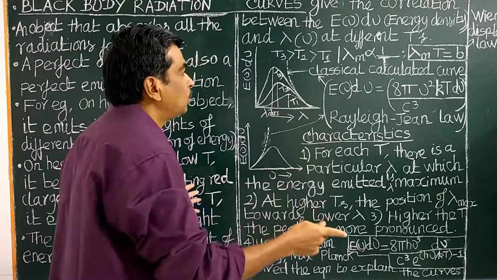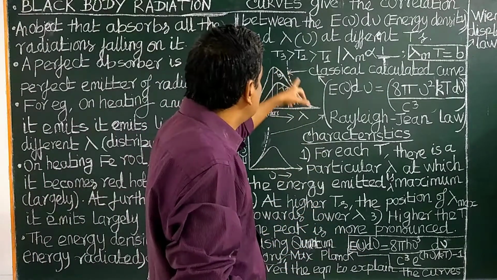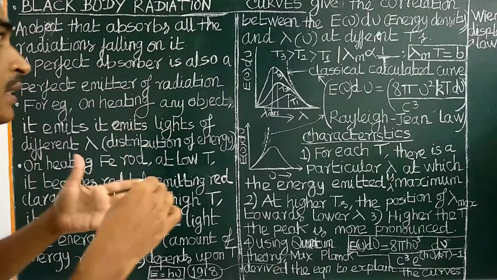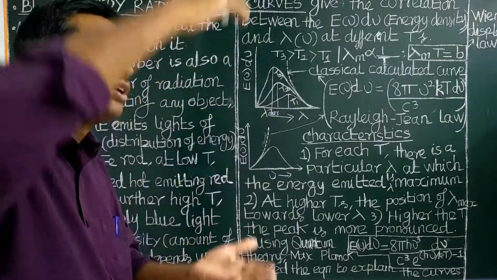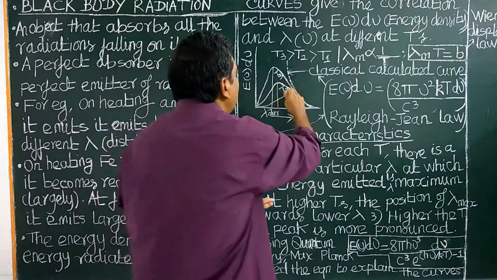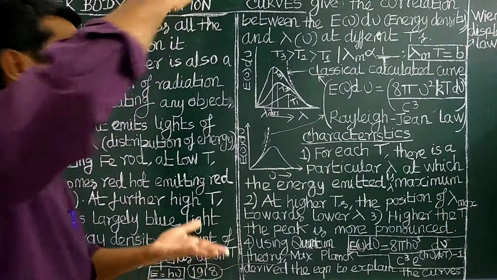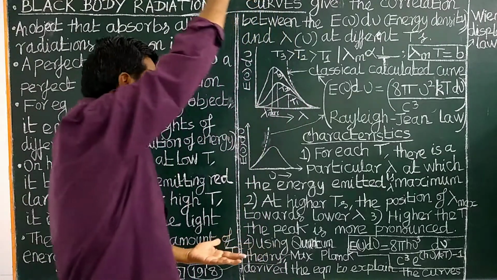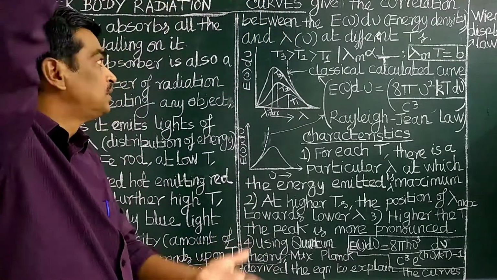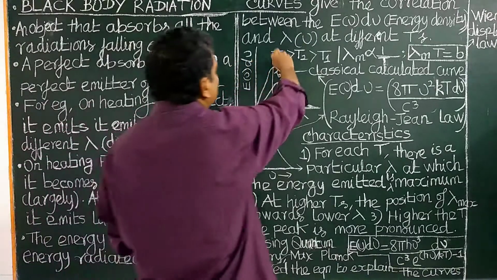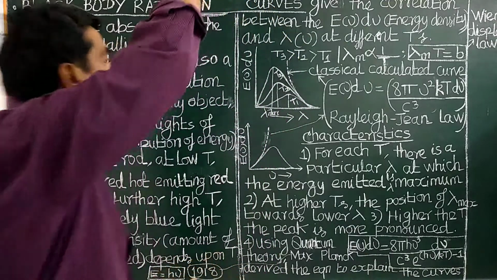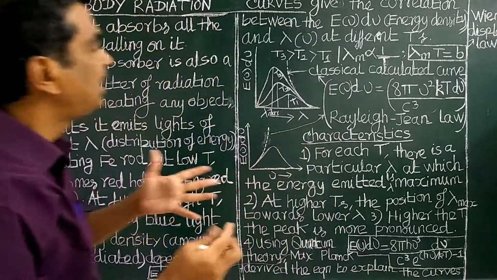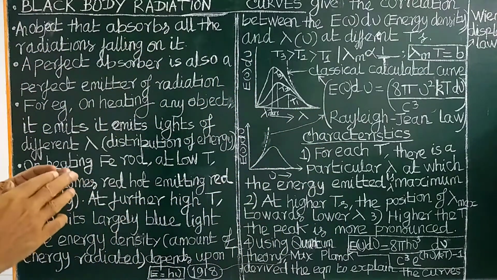This is because in classical theory the energy levels are continuous. As you increase the temperature, the energy will increase and increase. Whereas in quantum theory, the energy levels are quantized.